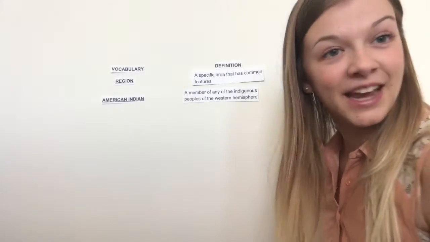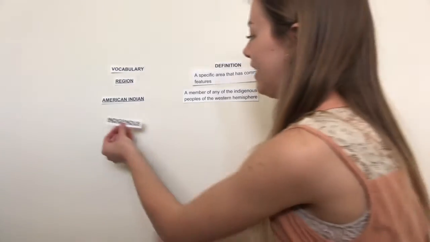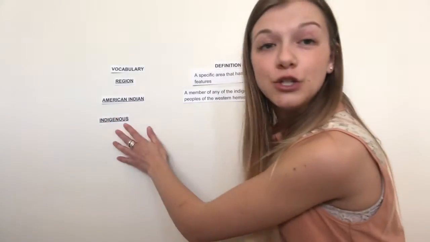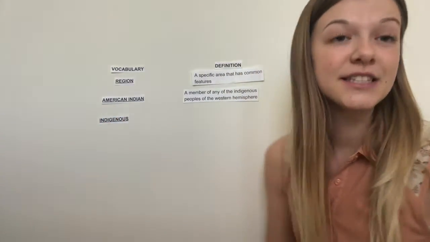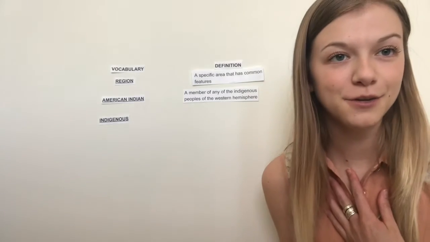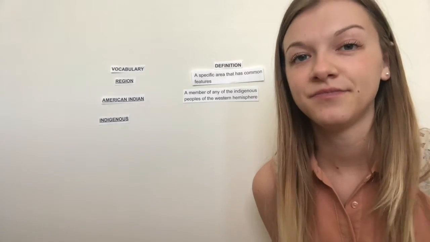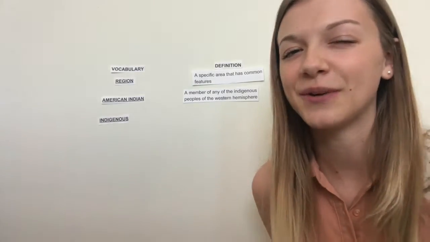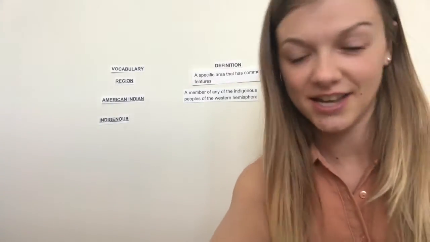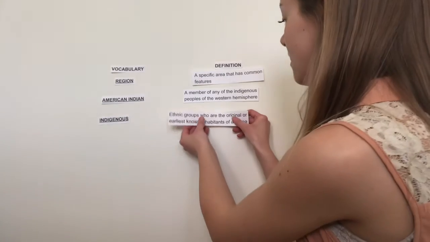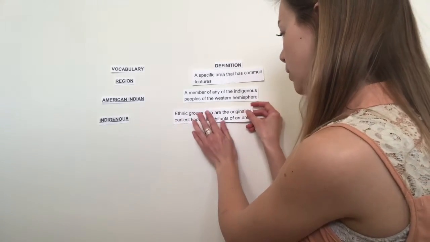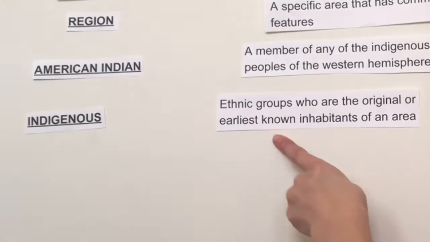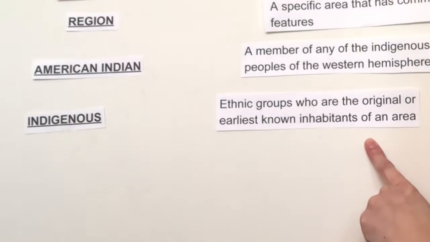So the next term, like I kind of briefly mentioned before, is indigenous. I know a lot of you probably don't know what that word is, and it's kind of a big word, so go ahead and repeat after me. Indigenous. It's kind of a tricky word to say. So indigenous is ethnic groups who are the original or earliest known inhabitants of an area.